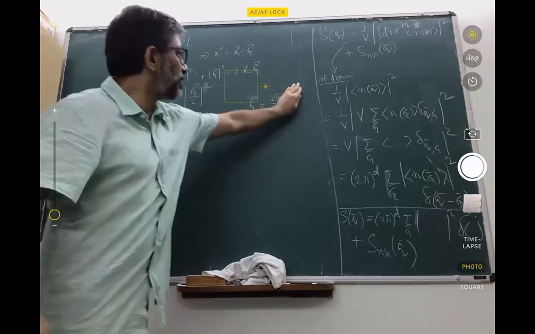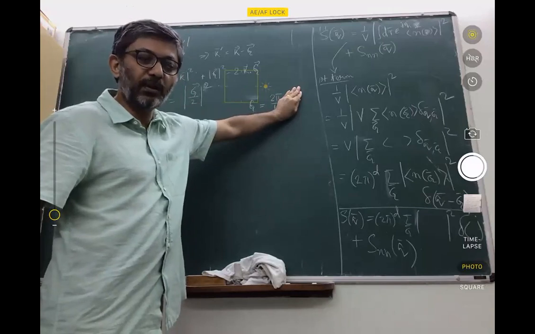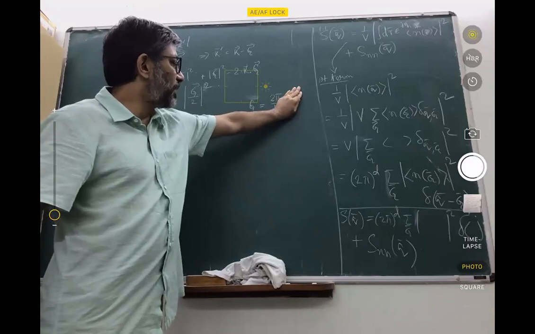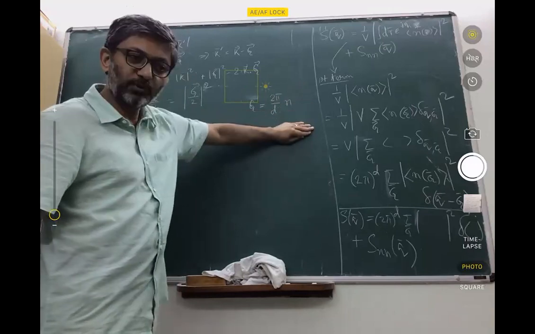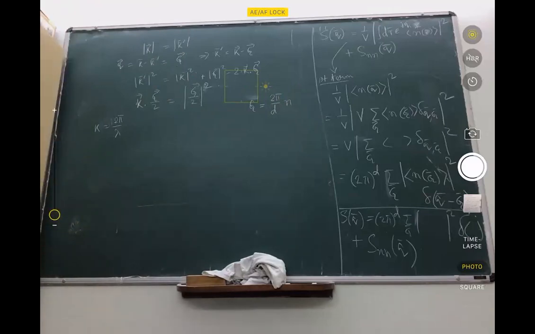So the shortest reciprocal lattice vector perpendicular to the family of lattice planes would be twice pi over D, and the general reciprocal lattice vector would have the magnitude twice pi over D times N.